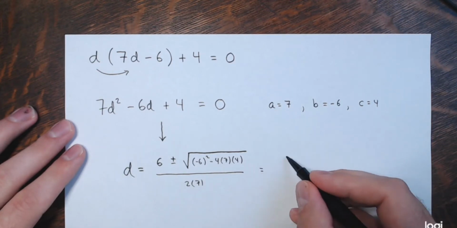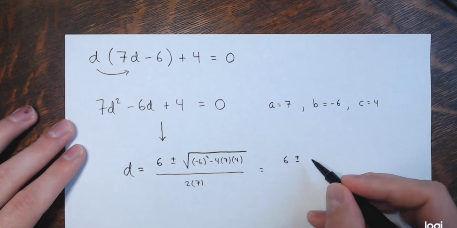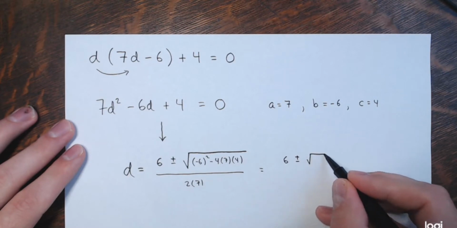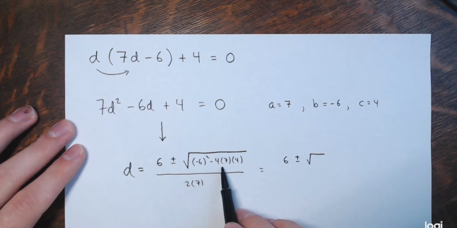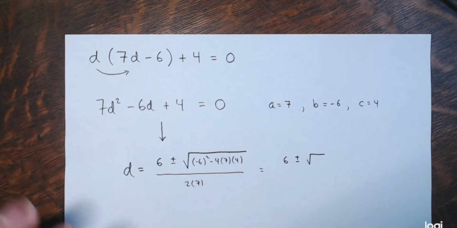So we have 6 plus or minus the square root of, now this is 36, minus, and then we got 16 times 7, be 102. 70 plus 42, 102.